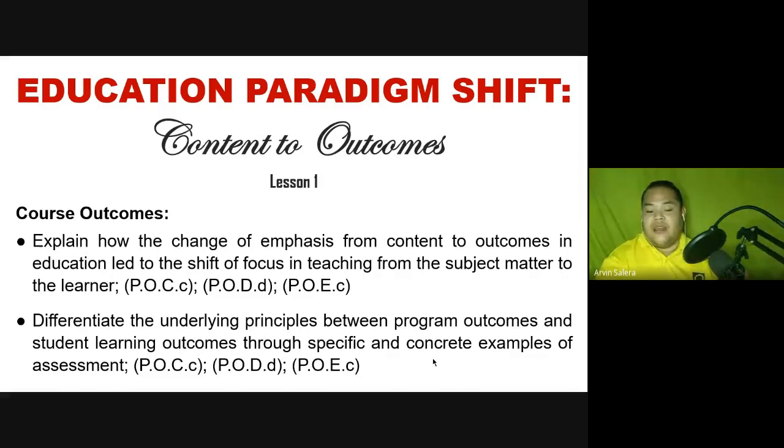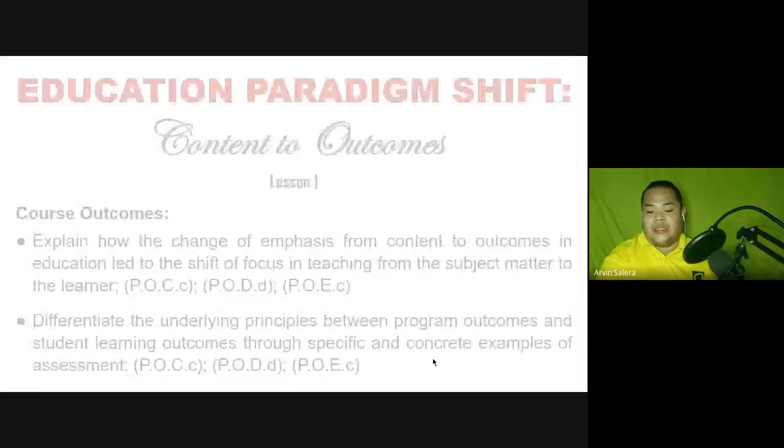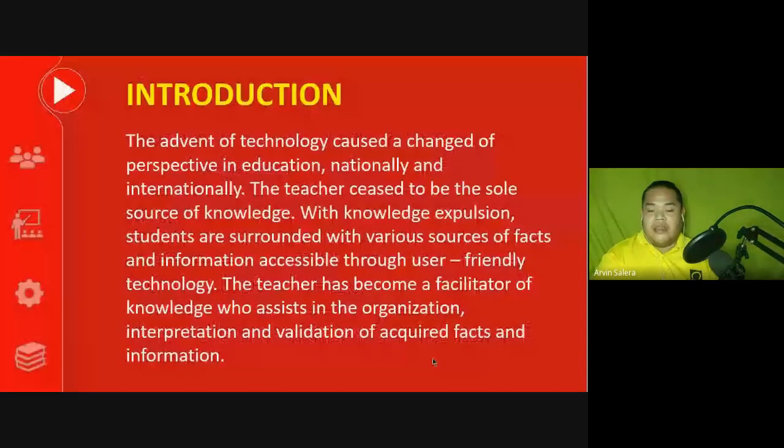These are the course outcomes of the subject, which is assessment in learning. We will dissect them one by one, and we will be discussing the intended learning outcomes of this course.